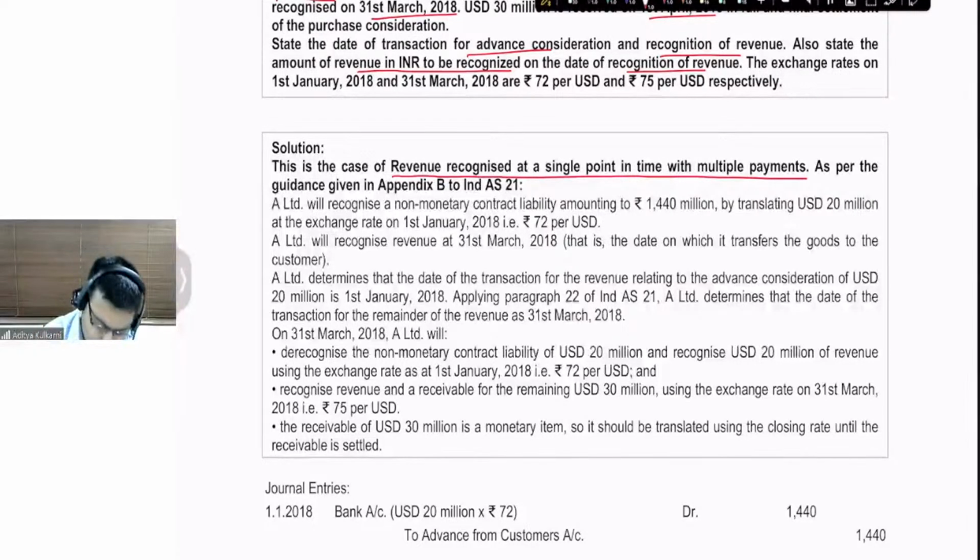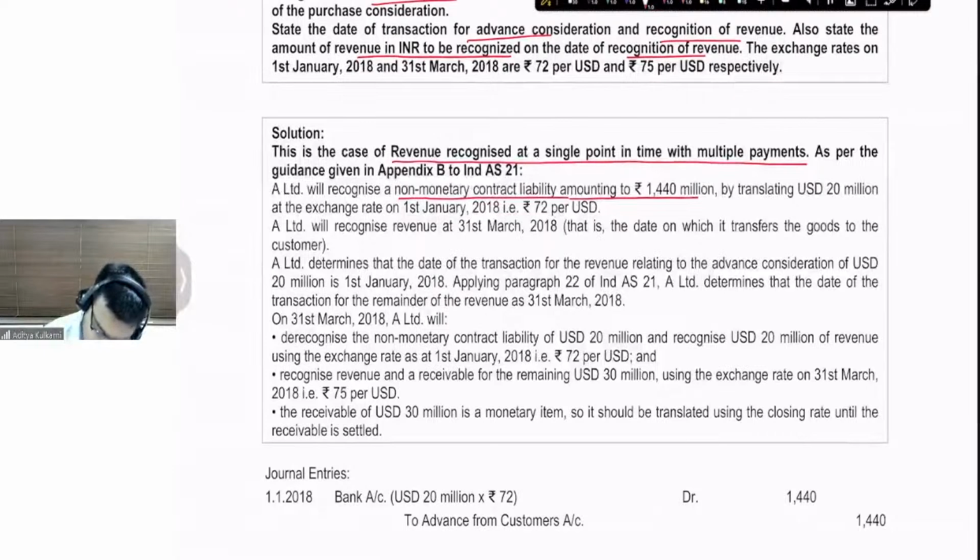So now what the entity will do is it is receiving 20 million US dollars advance. So you will recognize a non-monetary contract liability amounting to 1,440 million. That is 20 into 72. So bank account debit to advance from customers account 1,440. A Limited will recognize revenue on 31st March 18, the date when you actually transfer the goods.